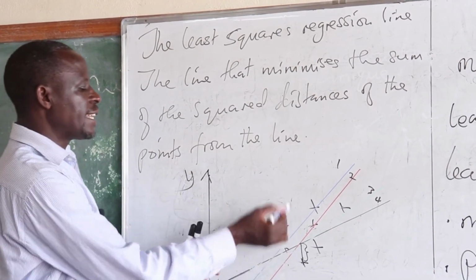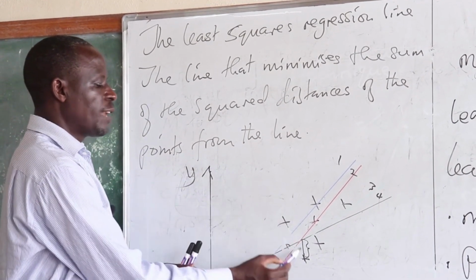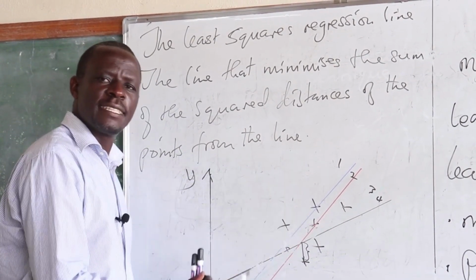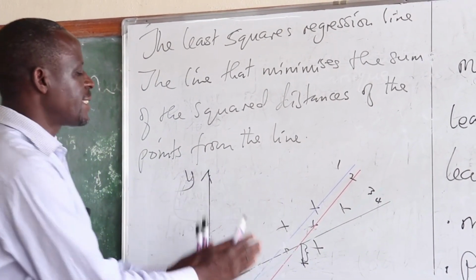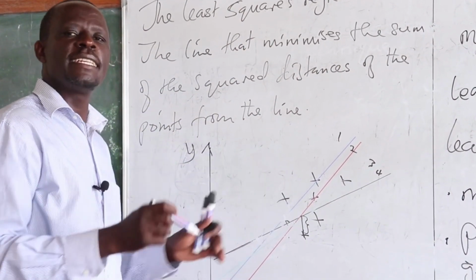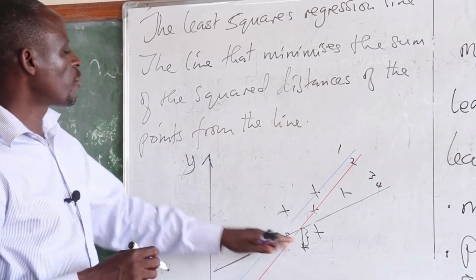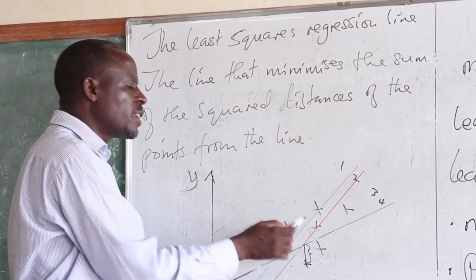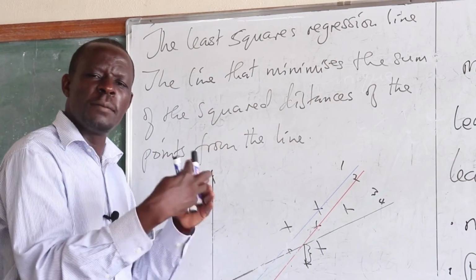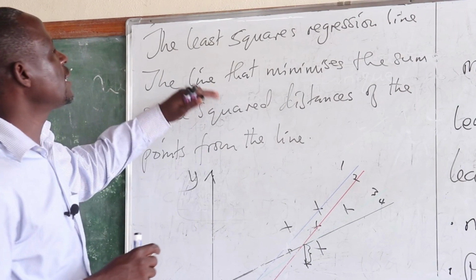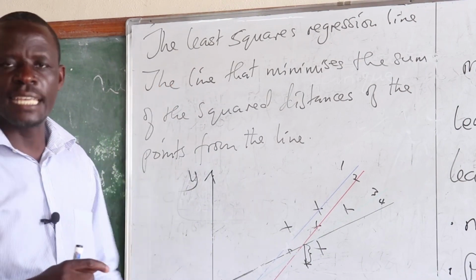If I go to each and every line, I will have different distances. If I take all the other points and square the distances from the points to the line, that is what we call the squared distance. The line that is going to give us the minimum squared distances is what we are going to call the least squares regression line.